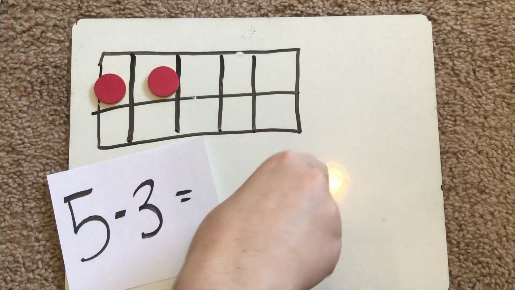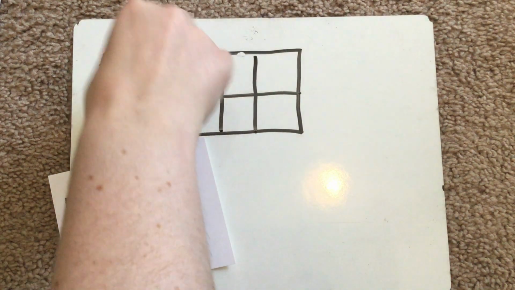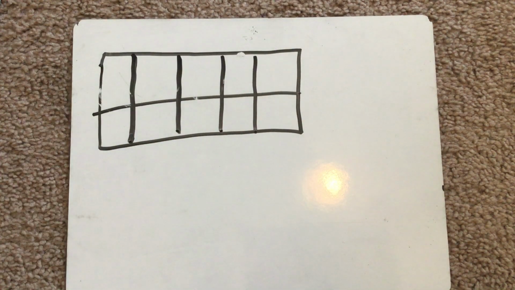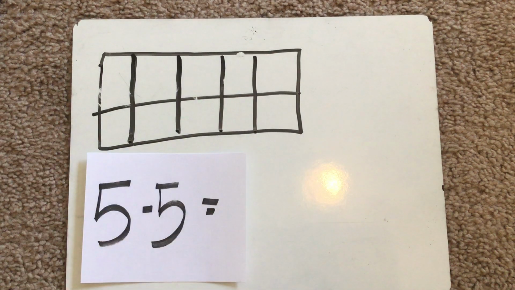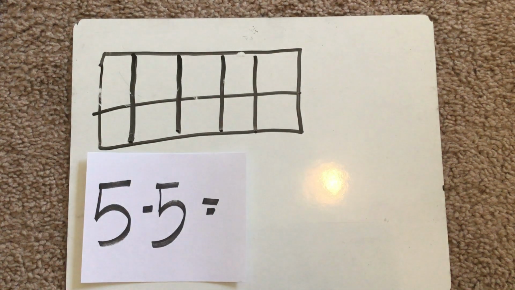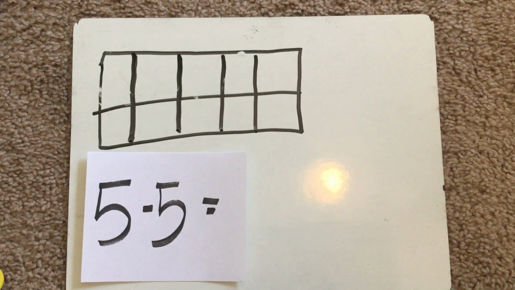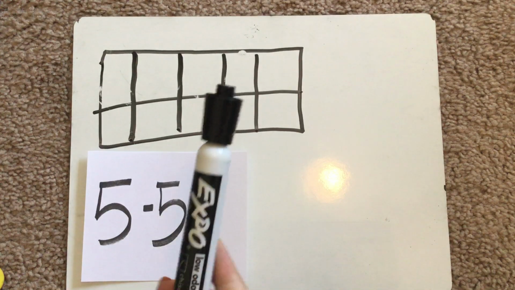All right, let me show you how to use a 10 frame if you are drawing inside of it, because you do have to make sure that you are erasing. So here's my equation. 5 minus 5 equals. Since we're not going to use objects this time and we're going to draw inside of our 10 frame, I'm going to be using my marker.